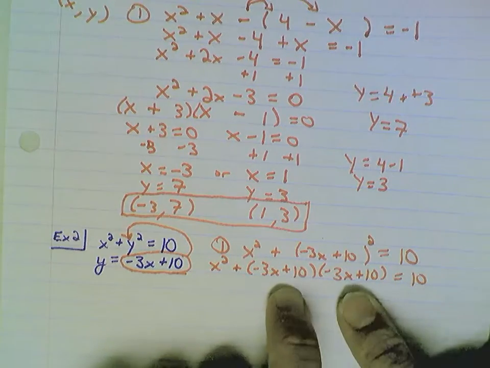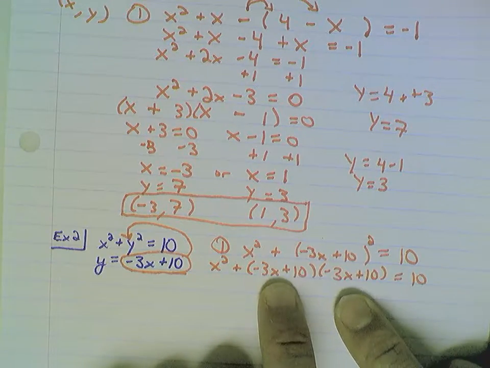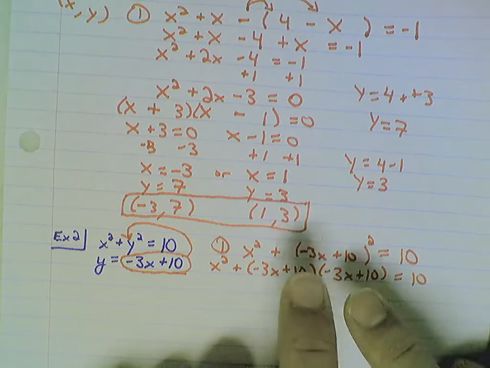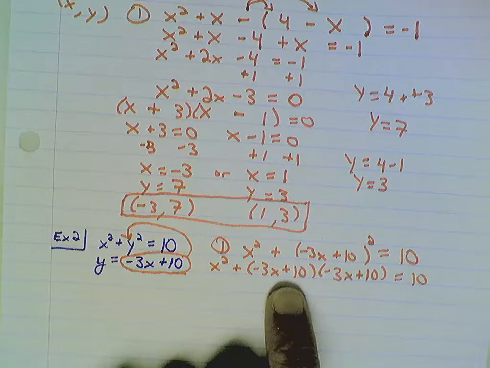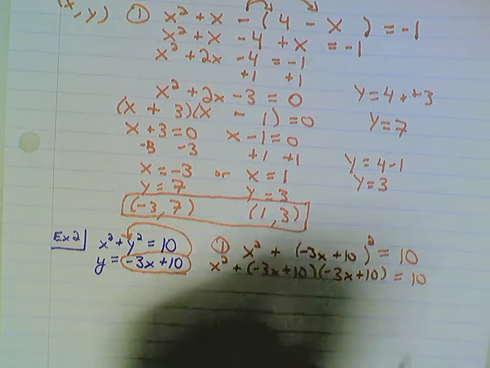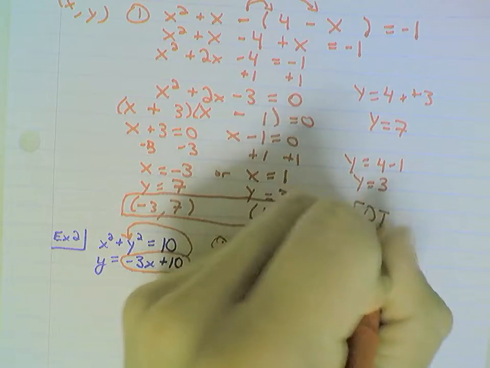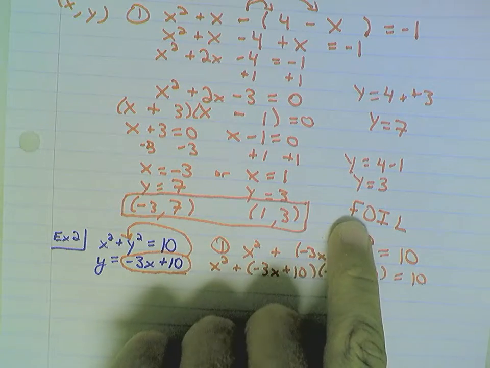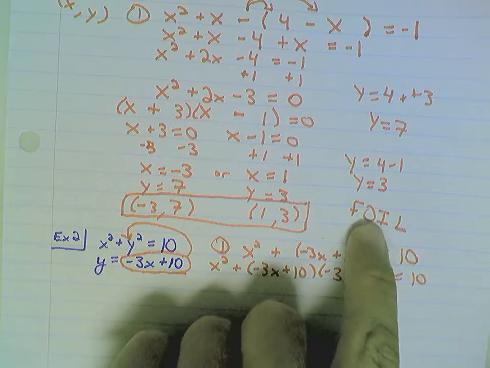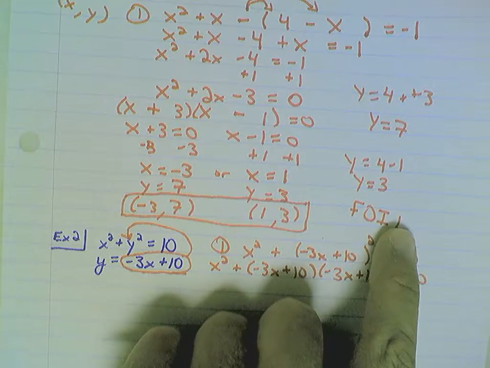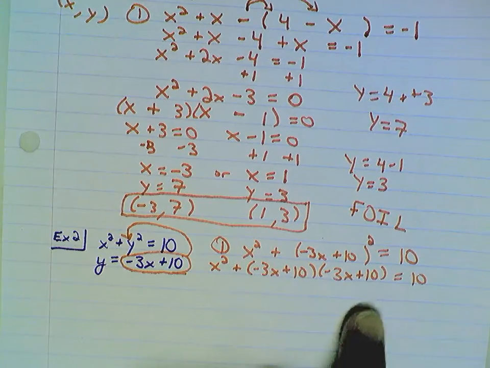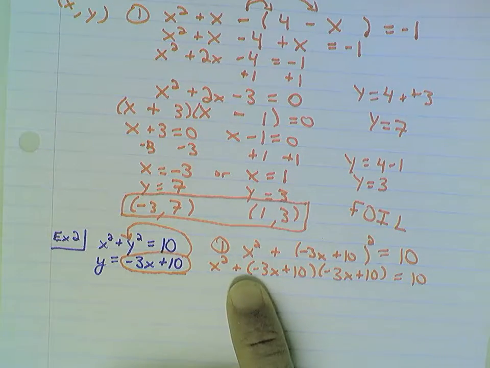And now I have two binomials being multiplied. If you recall, anytime we have two binomials being multiplied, we use a method called FOIL to multiply these.